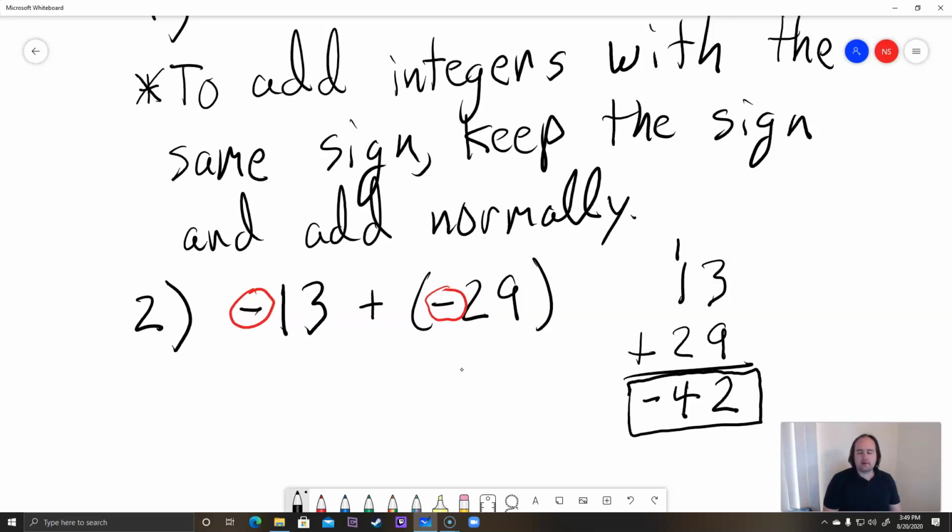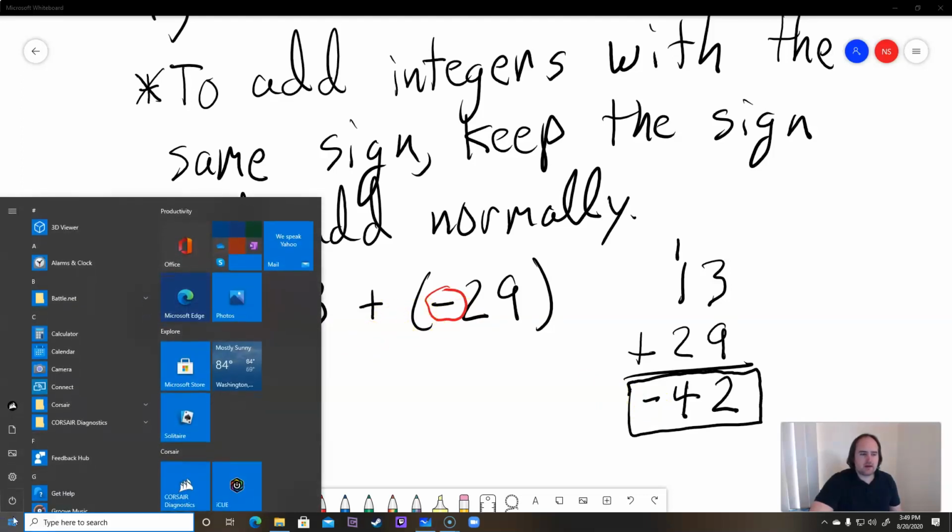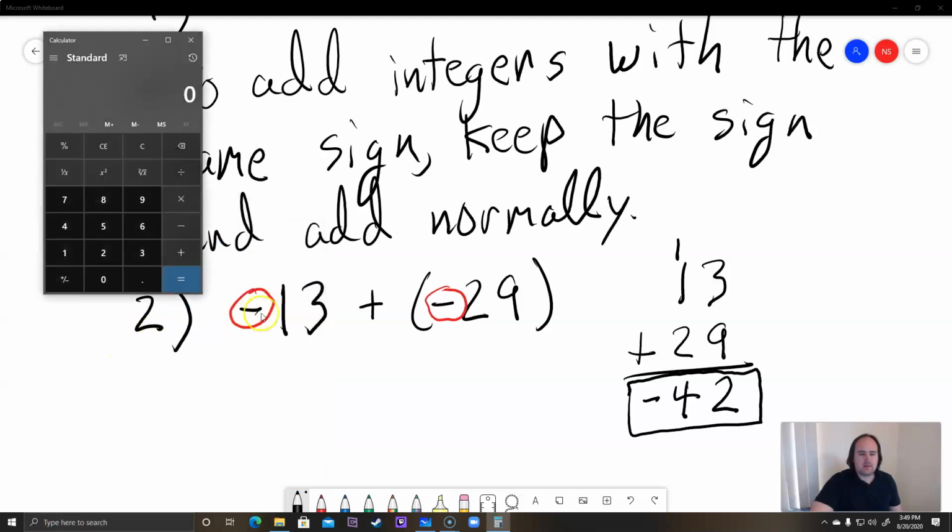You are allowed to use calculators in this course, but keep in mind that if you use the calculator on the computer, it's probably easier to decide whether it's positive or negative yourself than have the calculator decide that. For example, if we wanted to do this problem on the calculator, we would open up our calculator, which is right here in my start menu, and then I would type in the numbers. If you try to type in the negative numbers, depending on your calculator, it may or may not work.